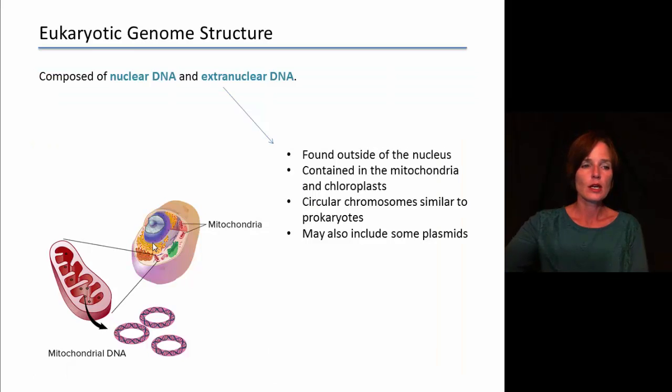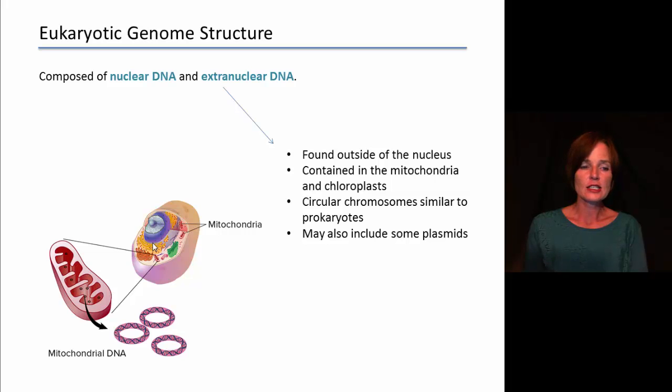If we look at the extranuclear DNA, extranuclear has to do with the fact that it is not in the nucleus. So this is outside of the nucleus. This is going to be found in the mitochondria and chloroplast. The DNA that we find in these compartments is very similar to the DNA we find in prokaryotic cells.